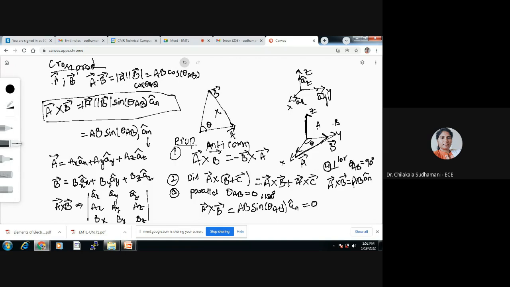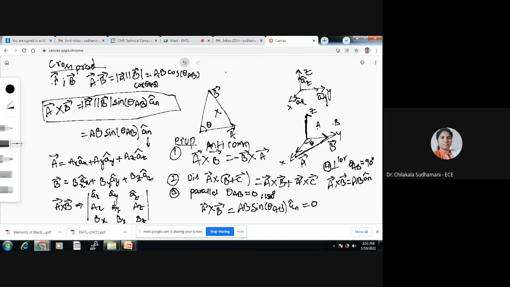Got it? Clear? Parallel means 0, perpendicular means product of their magnitudes into the unit vector perpendicular to their plane. Understood? If this is understood, I need one more point from this.